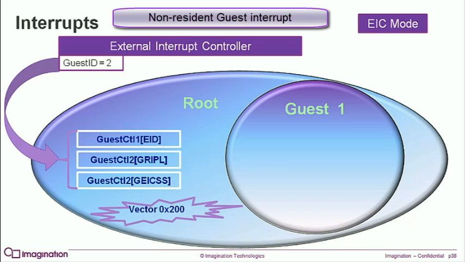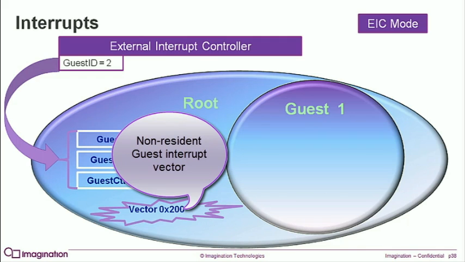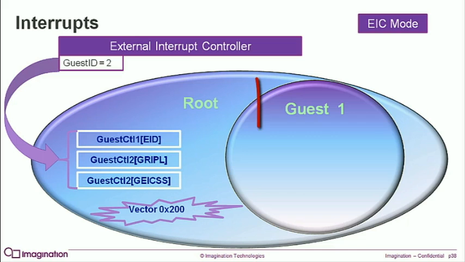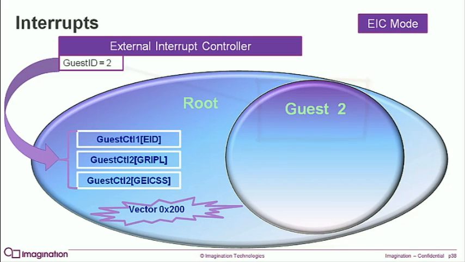Then it interrupts the root context using the interrupt vector 200 hex. At that interrupt vector, the hypervisor knows the interrupt is for a non-resident guest. The hypervisor uses the external interrupt controller guest ID to context switch to the guest.